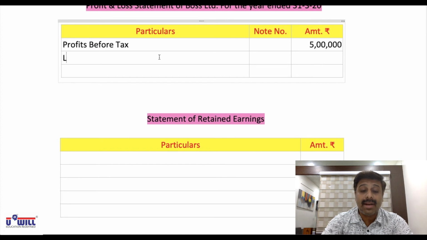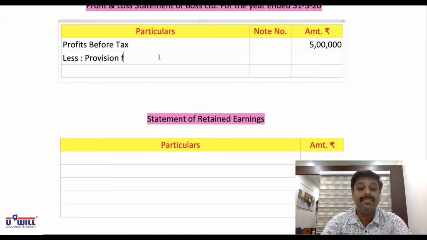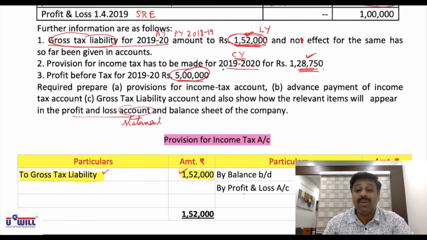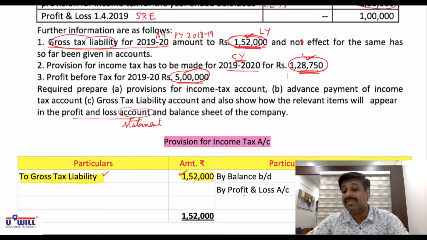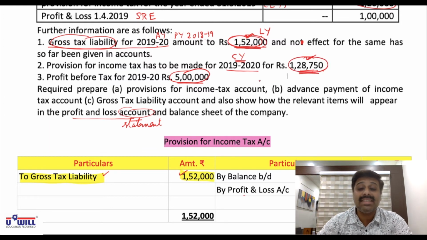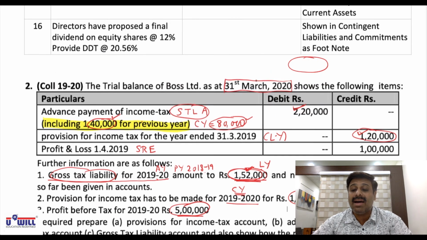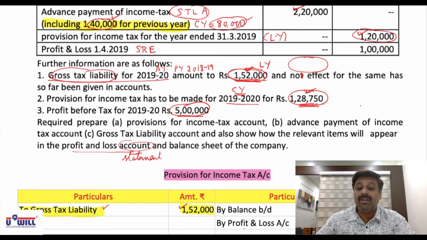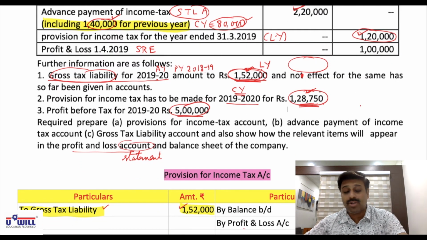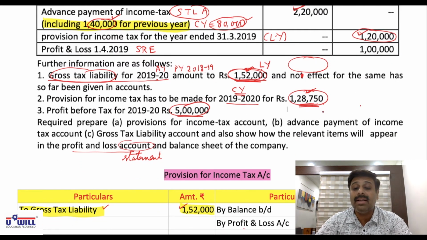From that we will subtract the provision for tax of the current year. Now see in the adjustment, what is the provision for tax we have made for the current year? For the current year we have to make a provision of 128,750. This is for next year's tax payment. In the trial balance, what is given is last year's provision for tax which we are supposed to pay in the current year. In the adjustment, what you are given is the current year's provision for tax which we are supposed to pay in the next year.